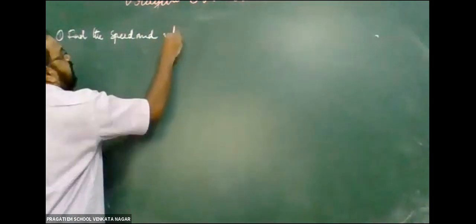Question number 1: find the average speed and average velocity. Suppose a man is walking in this direction.